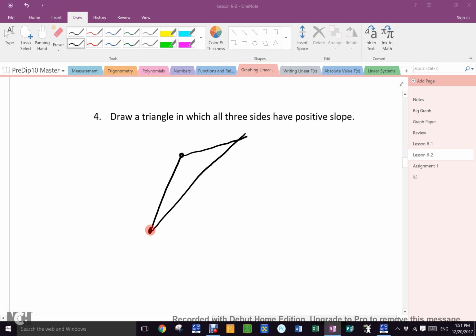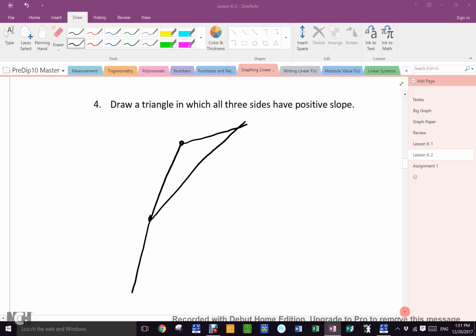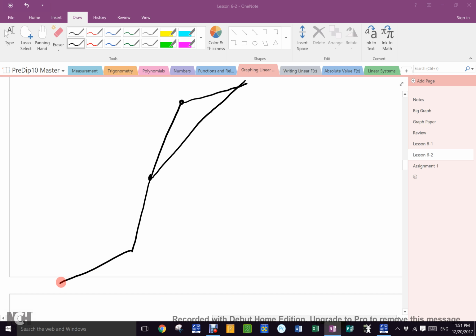Could I go down? Sure I could. Down and to the left, and then connect. No, it doesn't, because you always do your graphs this way, with up as positive, down as negative.